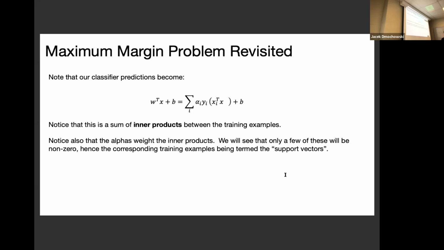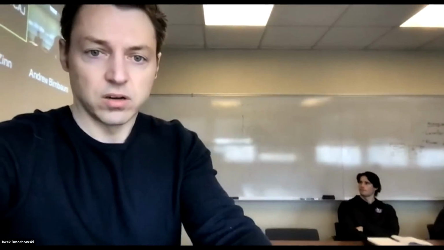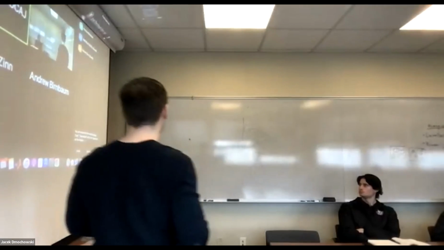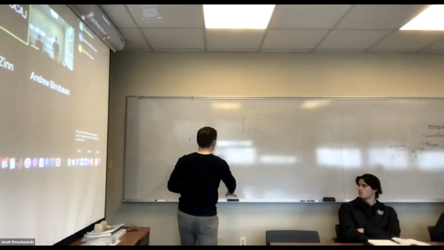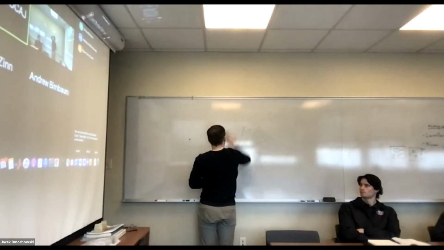Maybe now I'll switch to the board because I'm going to try to illustrate this with a picture. So my question to you guys, I have that equation and I'm going to copy it out here.